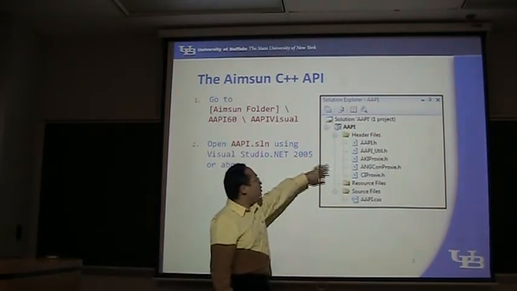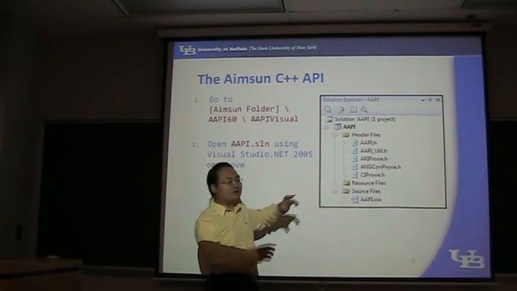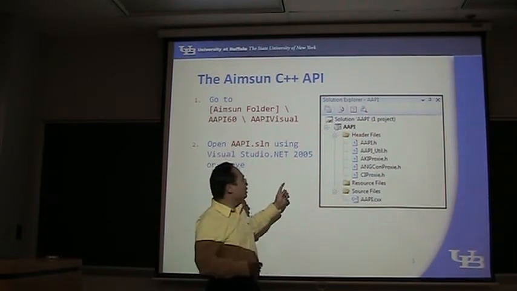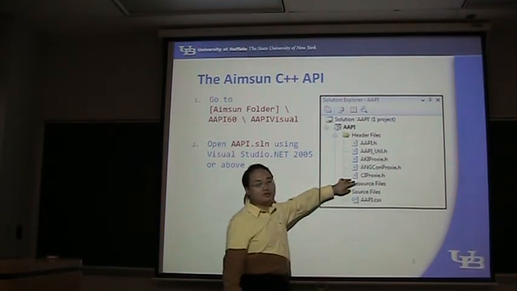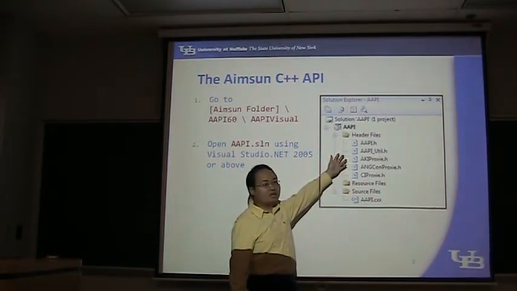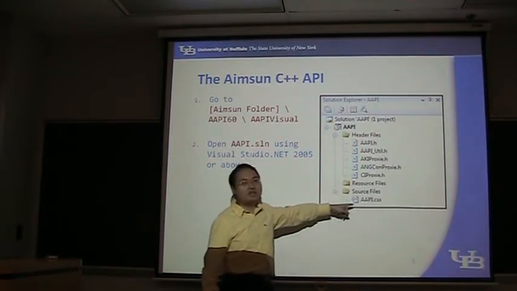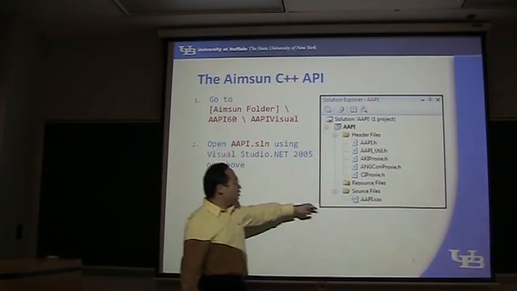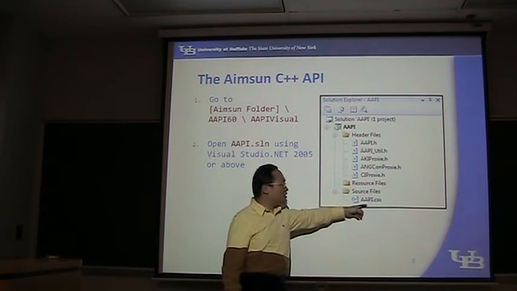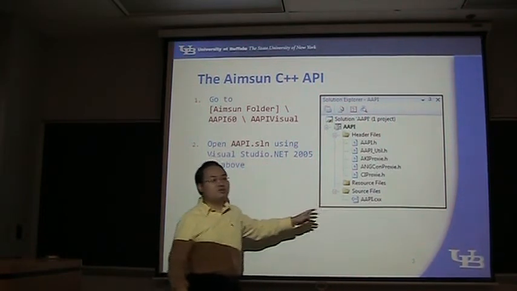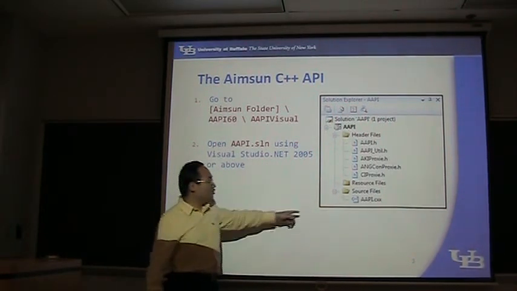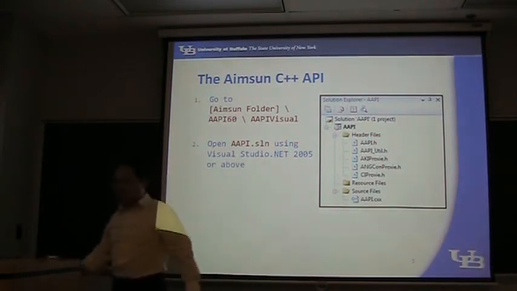In this is the whole solution of the sample we just opened. And we can see some header files that are provided by MSum. And here is a source file called aapi.cxx. Typically we use extension as CPP to stand for C++ files, but they use CXX, but it doesn't matter.